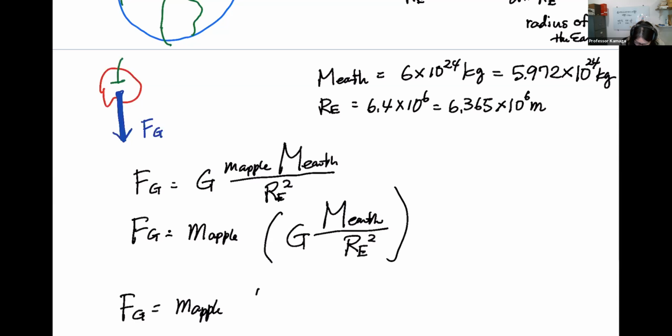Big G is 6.67 times 10 to the minus 11 Newton meter squared per kilogram squared.